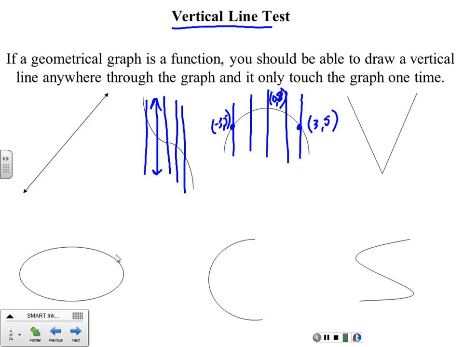So if you can drop a vertical line and it only touches one time, then your answer is yes, it's a function. But if you drop and it touches more than one time, then the answer's no. Okay? So, 4 questions. What do you think? Can you get them? All right.